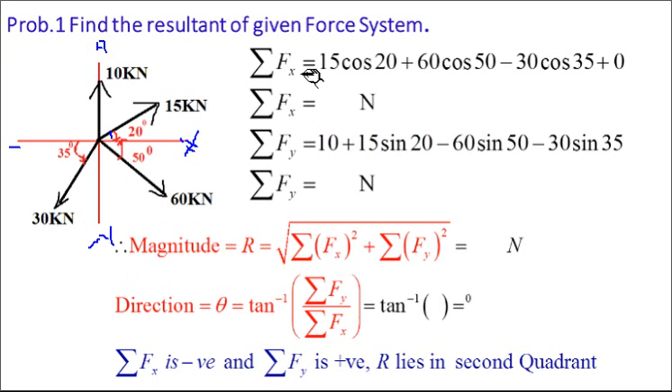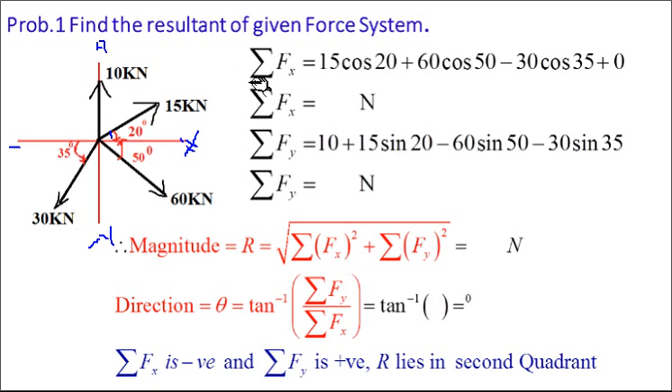So whenever you are going to add these forces in x direction, first of all find out all these angles with the horizontal x-axis only. Because for x direction resolution we take cos theta, and for y direction resolution we take sin theta.